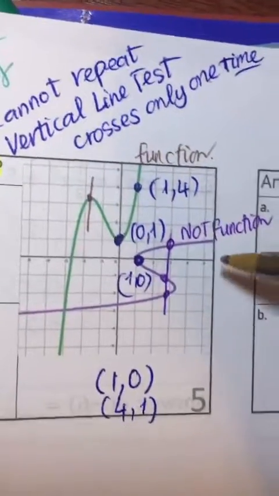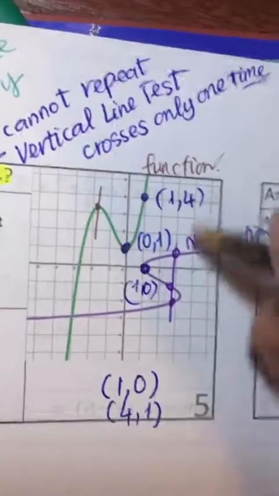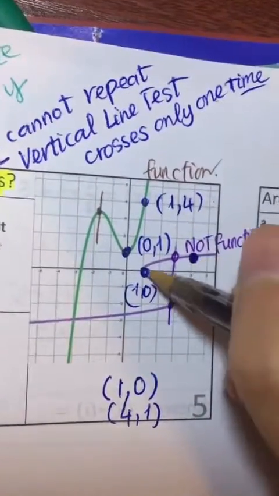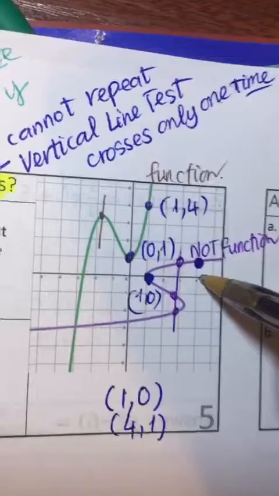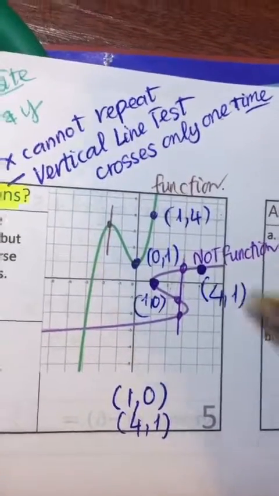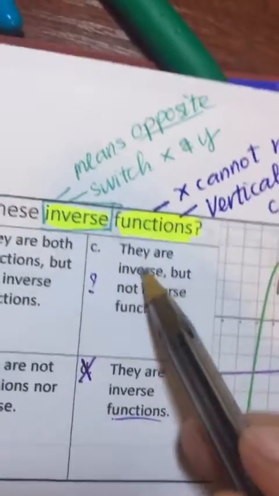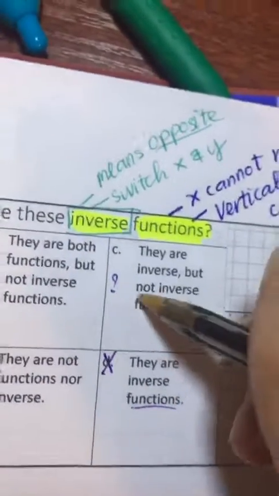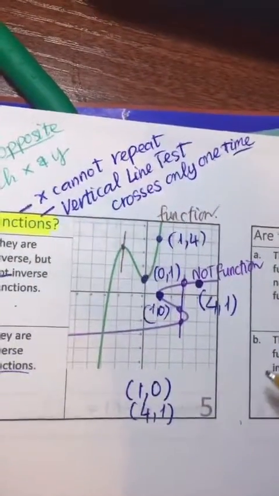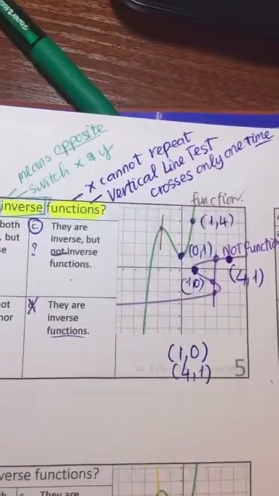Let's see if it is on this function. 4 is right here, up 1. So yes, these 2 points, after you switch the x and the y, actually are on the second function. So 4, 1 and 1, 0 are the inverse of the first 2 points. So they are inverse, but they are not inverse functions. Okay, remember only one of them is a function. Okay, so this is how we do a problem like number 5.